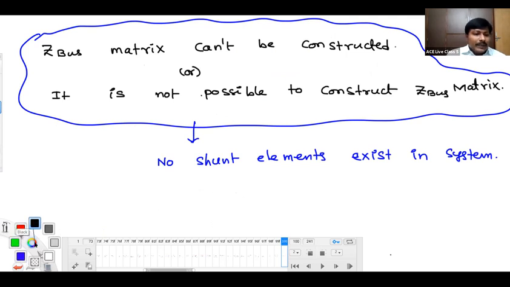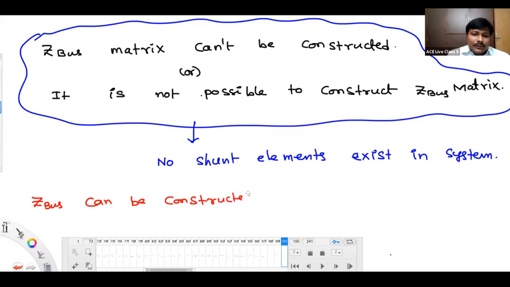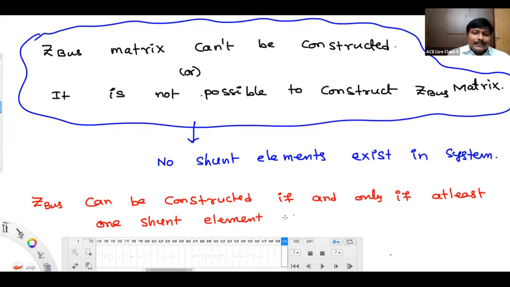So I'm writing the other statement that I said: Z bus matrix can be constructed if and only if at least one shunt element exists at any one bus.